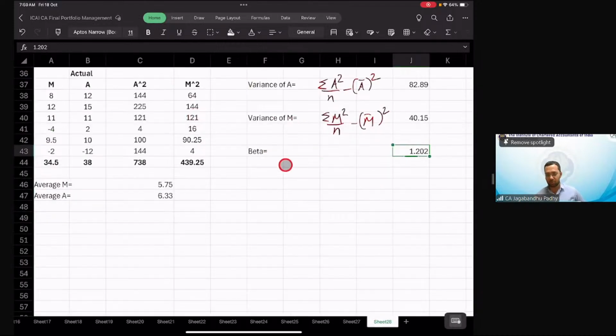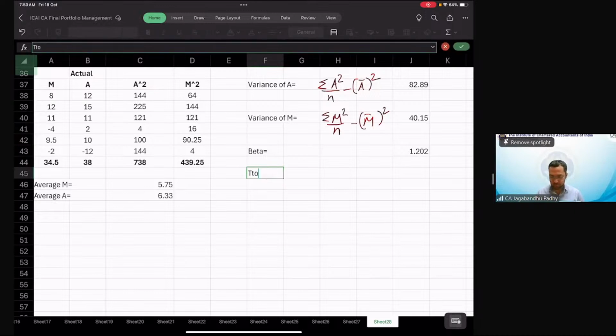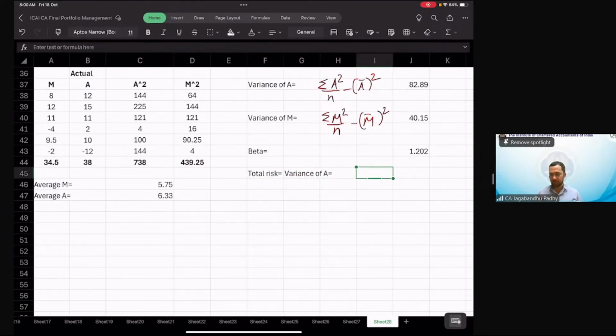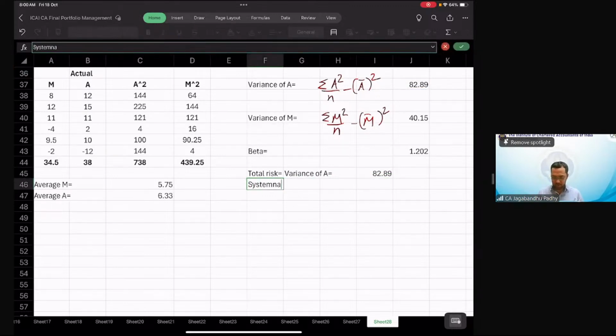So beta is 1.202. Now let's break this into systematic and unsystematic risk. Total risk is basically the variance of A, which is 82.89. What do we mean by the systematic risk?